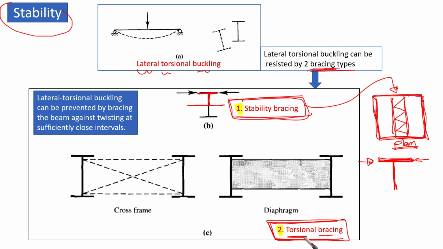Torsional bracing. In this torsional bracing, we are going to provide a diaphragm or cross frame, as you can see, which is going to control, as you can see here, this part of the web is going to be restrained. Actually, most of the web part is going to be restrained, but we are concerned with the part that is related to the compression flange.